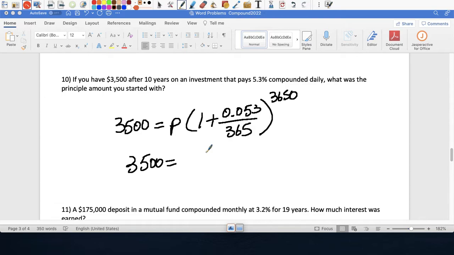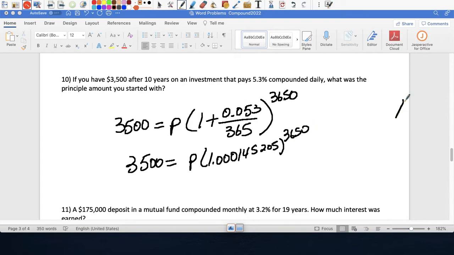Left it for 10 years, compounded daily. So first things first, 0.053 divided by 365. Enter. Add 1. Enter. So we should have this number on your screen, 1.000145205, and we're going to use that number raised to the 3,650 power.